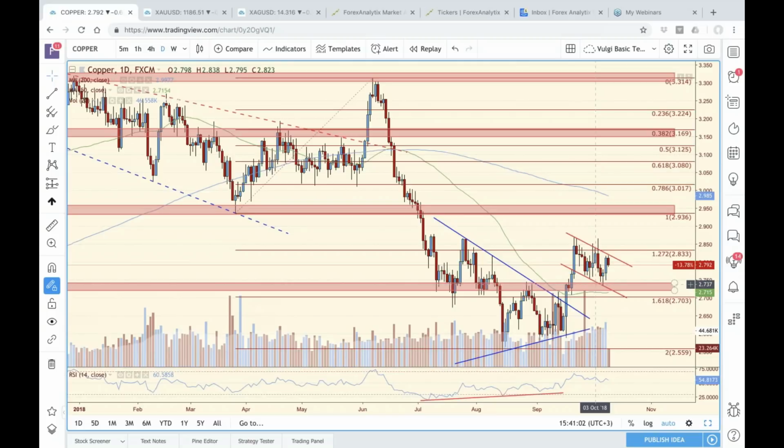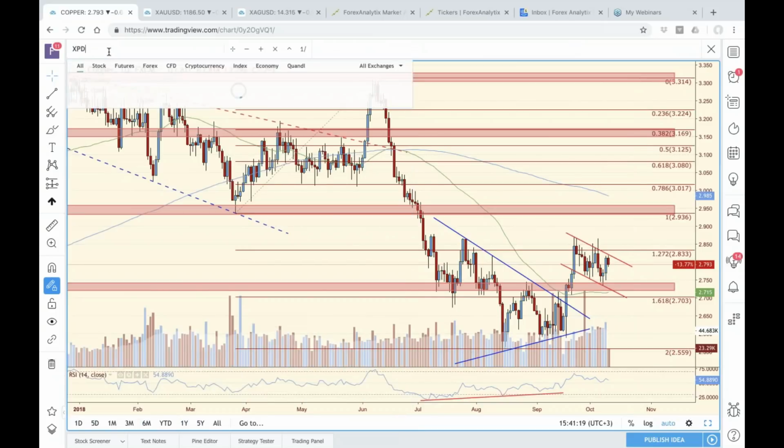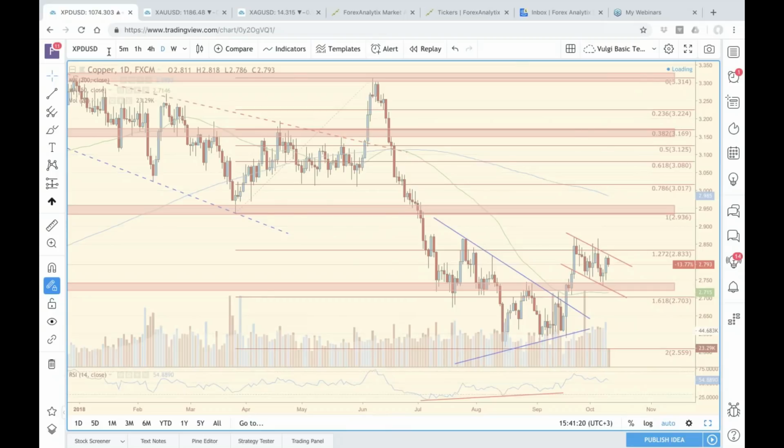If I had to do something with copper at the moment, it would probably be buying a break out from this channel, looking for a move towards 294, 295.